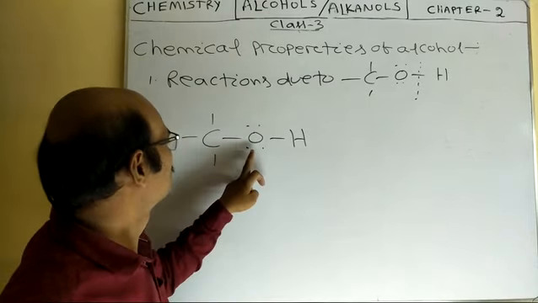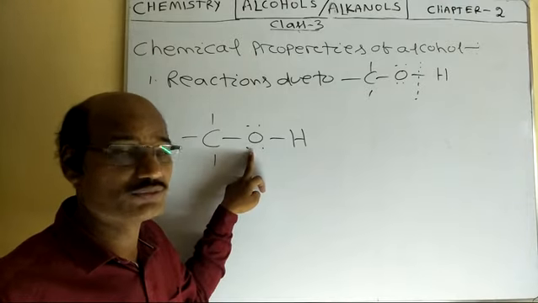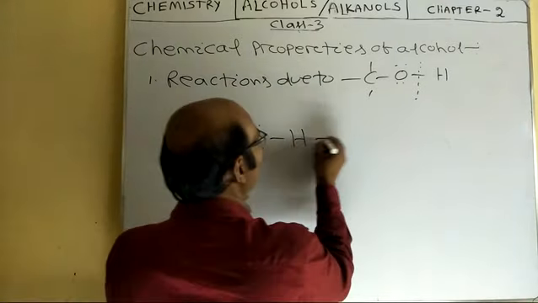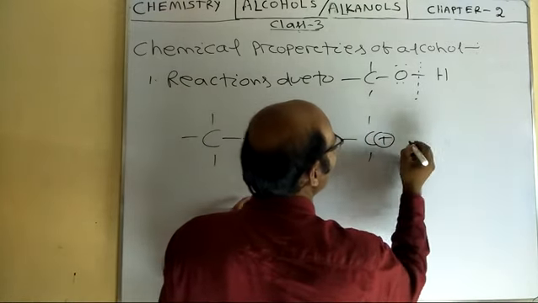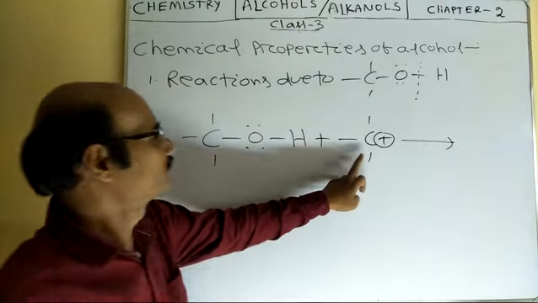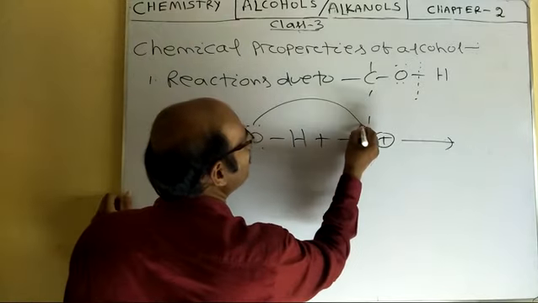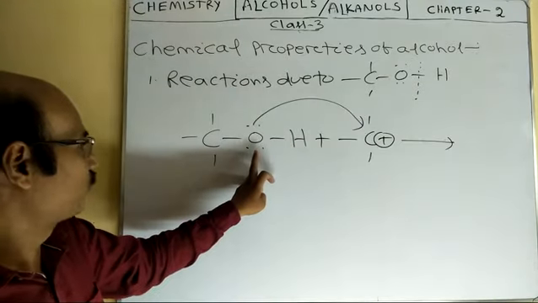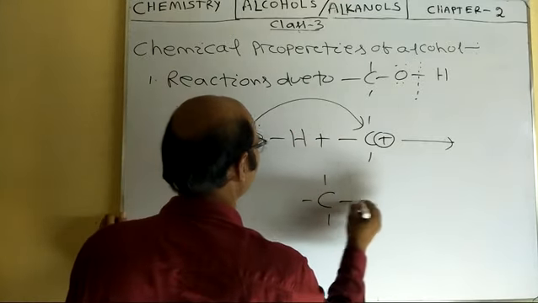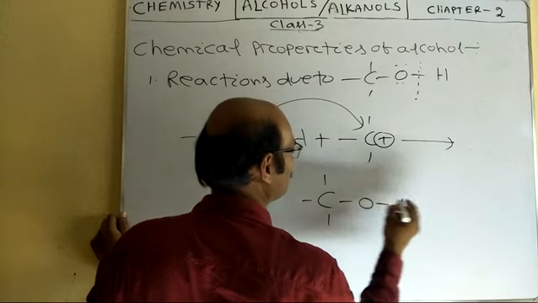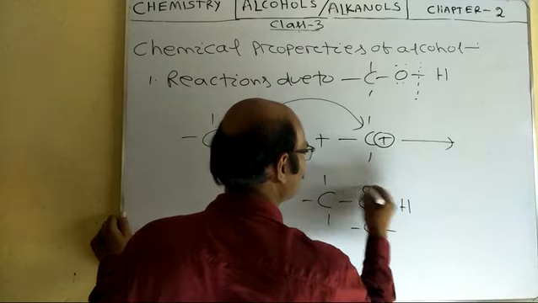So in this case, this is the electron-rich center, so this can behave as a nucleophile, a nucleus-loving species. When I have a C with delta plus, this is an electrophile. There will be an attack of this nucleophilic center on this center. We will get C, O, C plus.